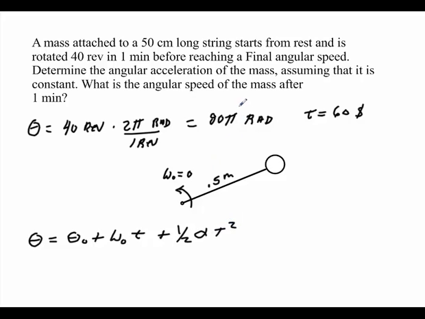Alright, we want to find angular speed and we need to find angular acceleration. Let's see if we can do this. So we did 40 revolutions in 1 minute, so we know this value here is going to be 80 pi.